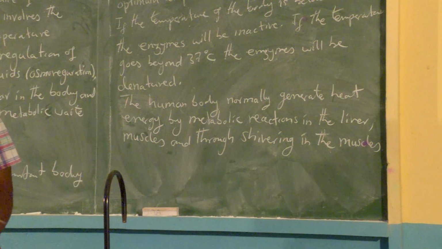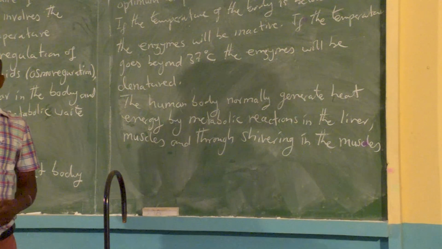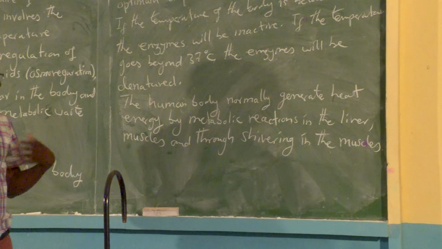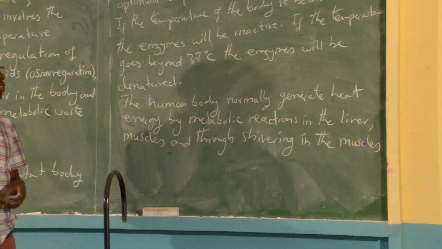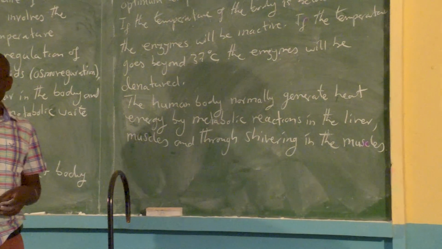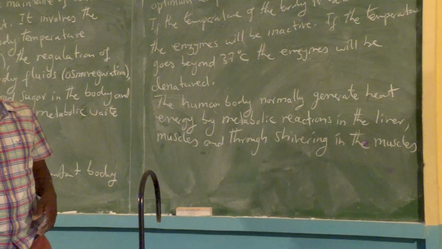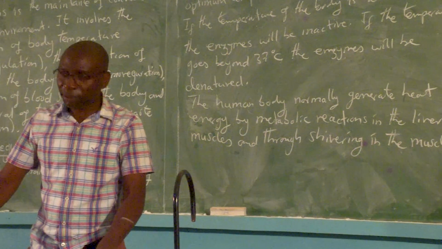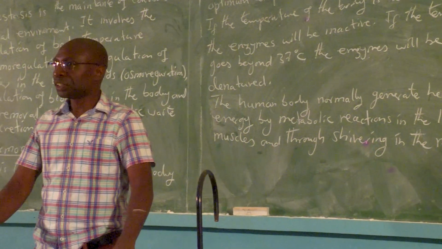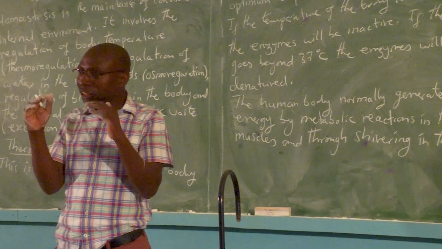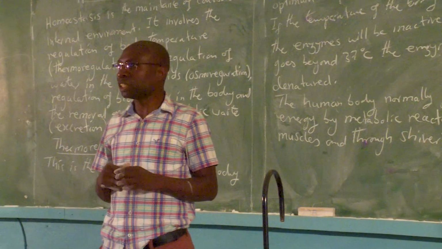Okay, then if the temperature goes beyond 37 degrees Celsius, how is the body going to respond? How is it going to lose heat to maintain that temperature so that it goes back to 37 degrees?